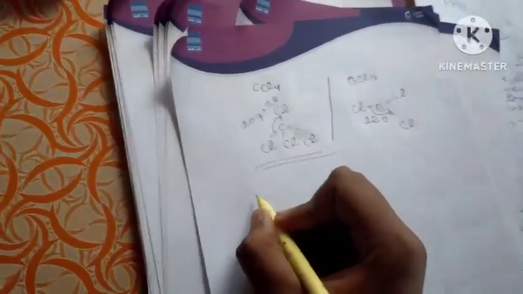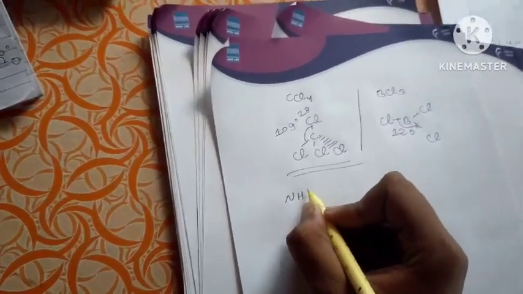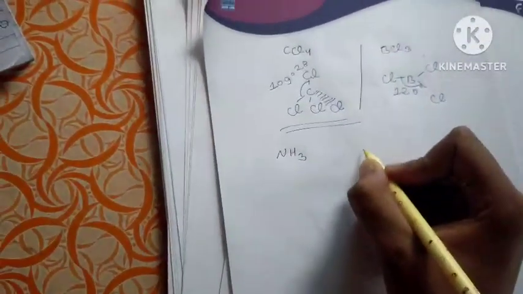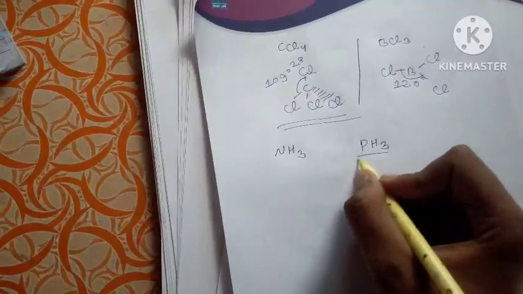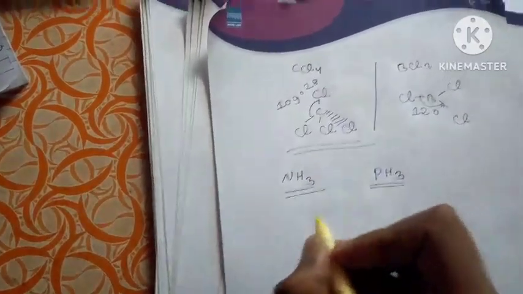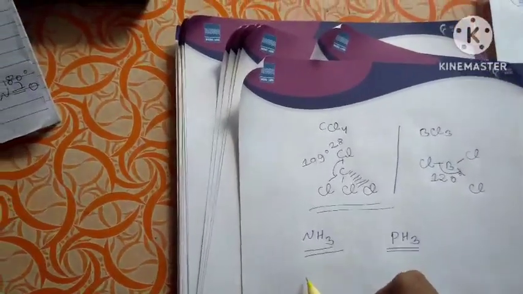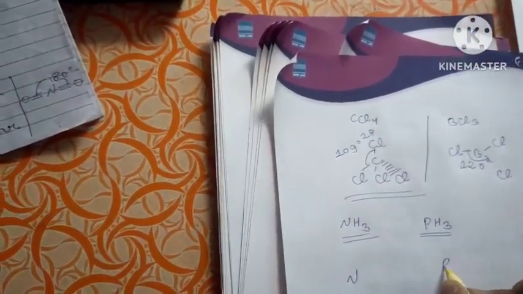Just see that it is NH3 and it is PH3, right? Again we will do it like this: it is nitrogen, it is phosphorus.